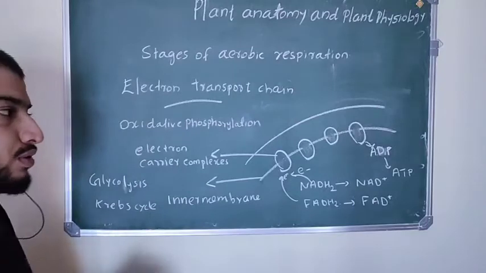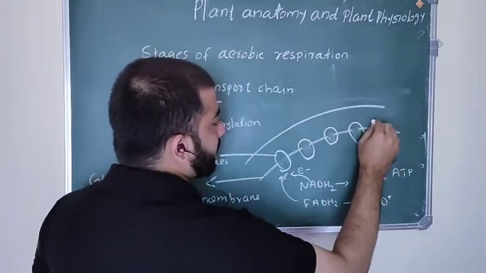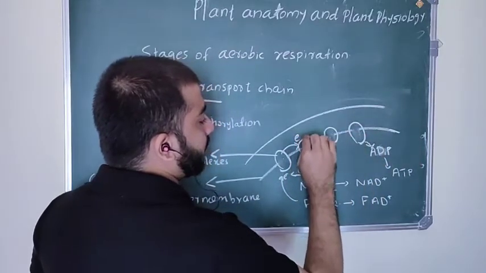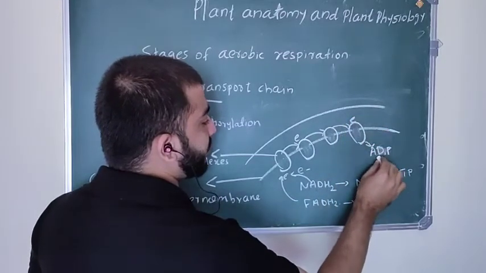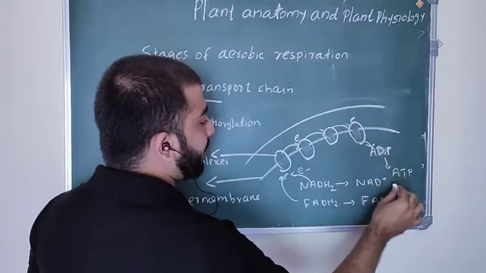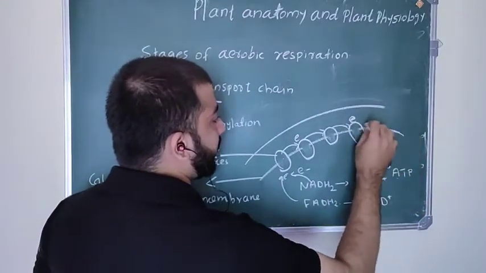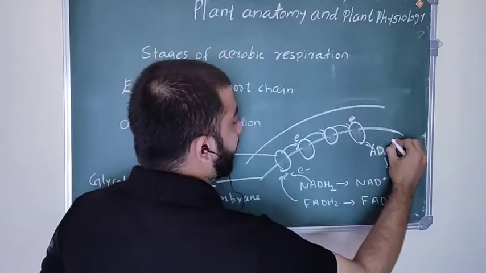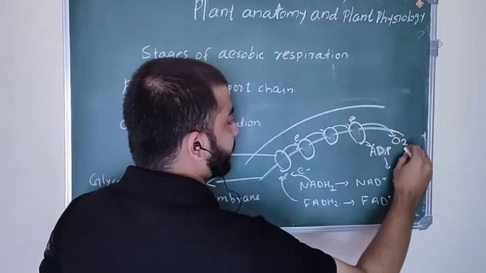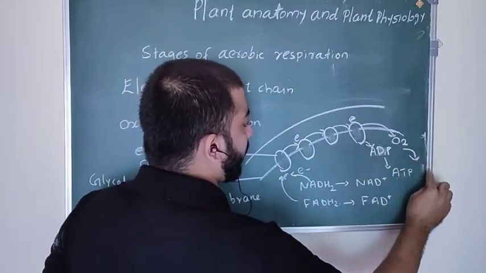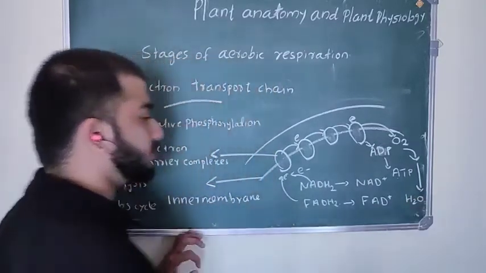Finally ATP is produced. Then what happened to the electrons? They move from one electron carrier complex to the next and release energy. This energy is taken by ADP and ATP is synthesized. These electrons are accepted by oxygen, and finally oxygen is reduced into water.